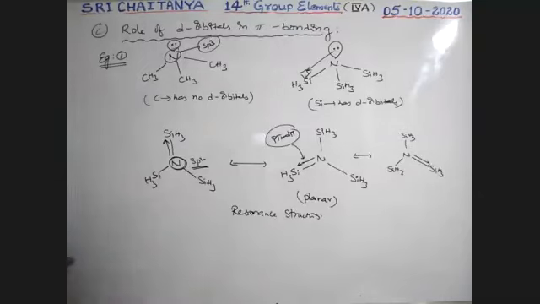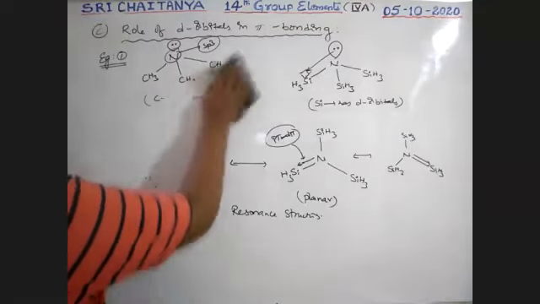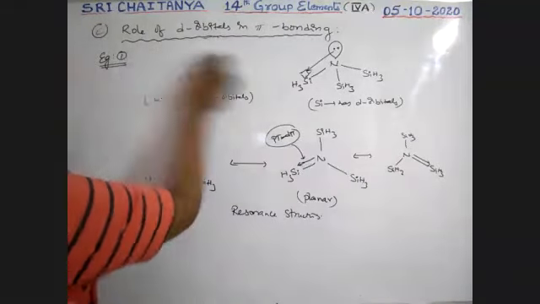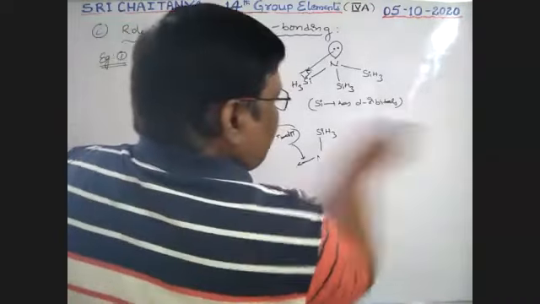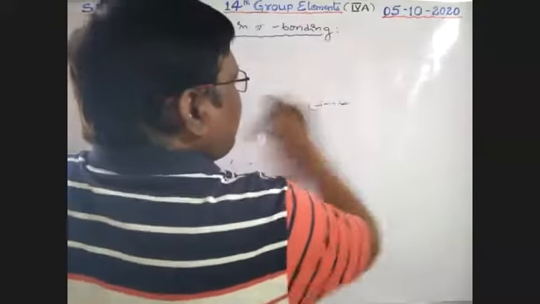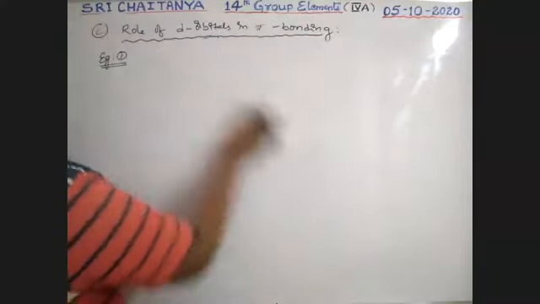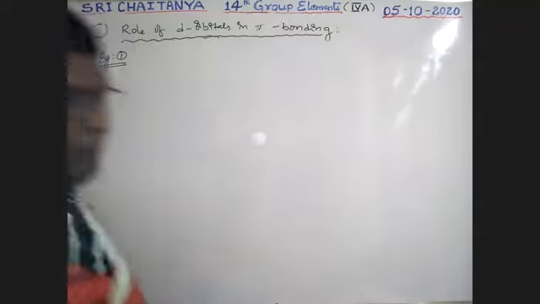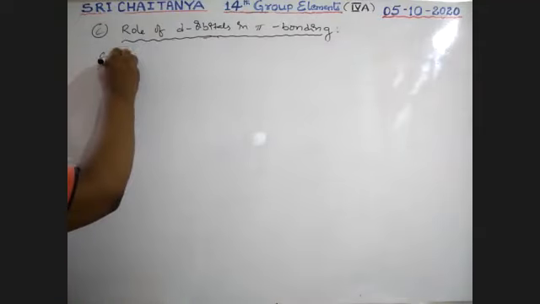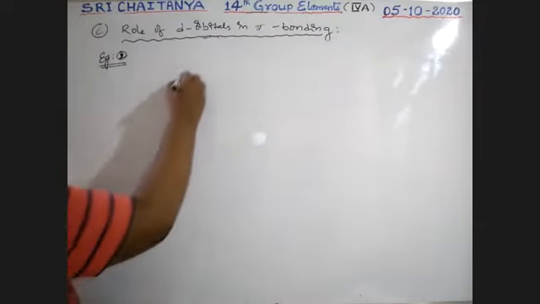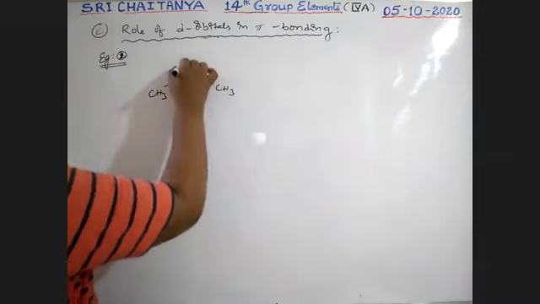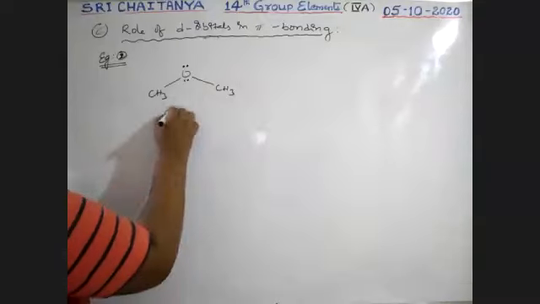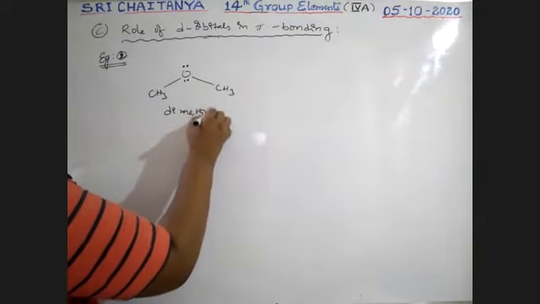Next, one more example. That is example number 2. That is similar: dimethyl ether. Oxygen has two lone pairs.